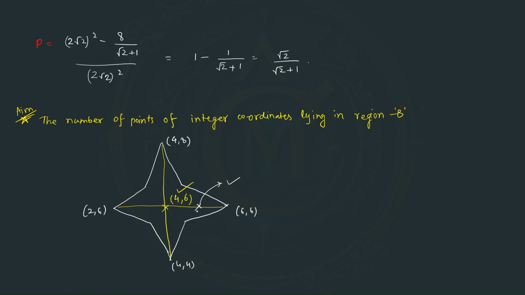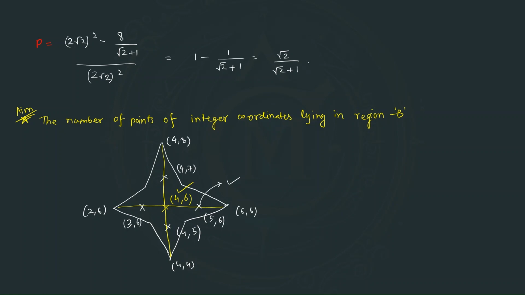And similarly, the reflection of this here will be this. This will be the point 3 comma 6 and this is the point 5 comma 6. Similarly, here we will get the 2 points 4 comma 7 and 4 comma 5.